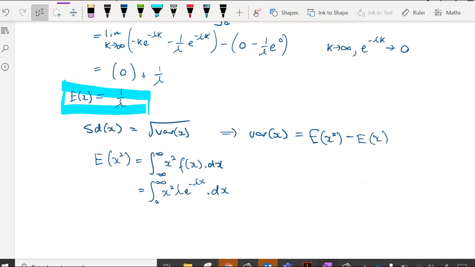Now this as an integral will end up, using a by parts process again, and we'll shortcut this, being negative x squared e to the negative lambda x, negative 2 on lambda x e to the negative lambda x, and negative 2 on lambda squared e to the negative lambda x. So this is what the integral ends up being.